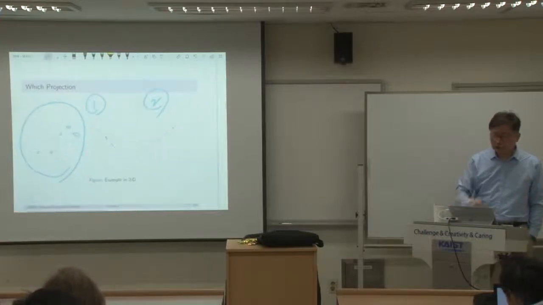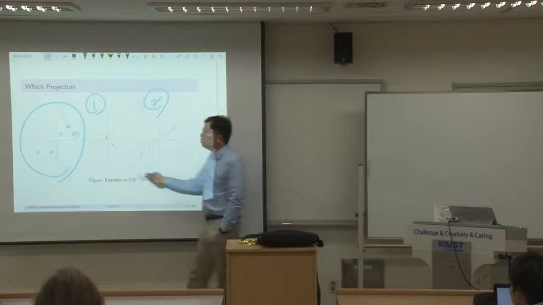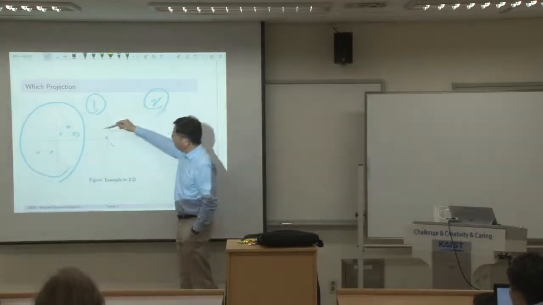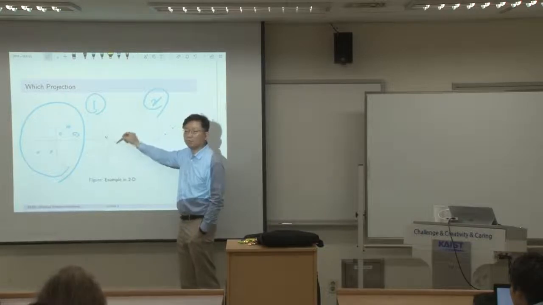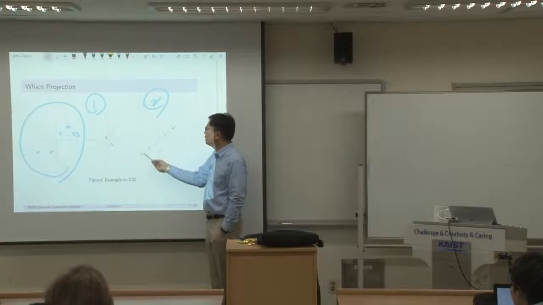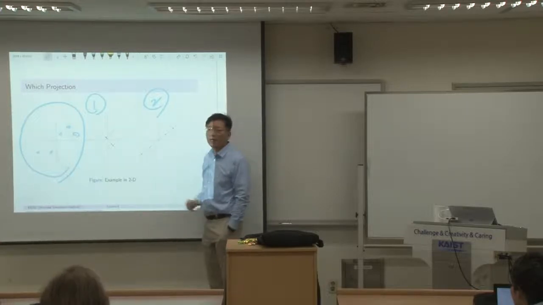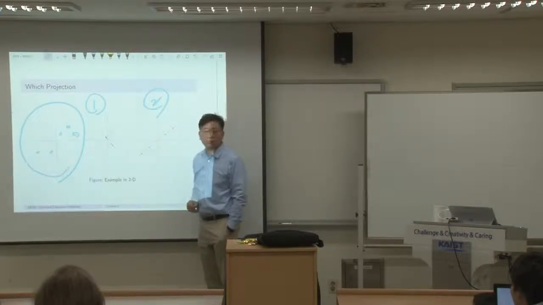So I'm projecting these points on the left, in case one, onto this line. Another projection, case two, just projecting it onto that line. The two cases, case one and case two.